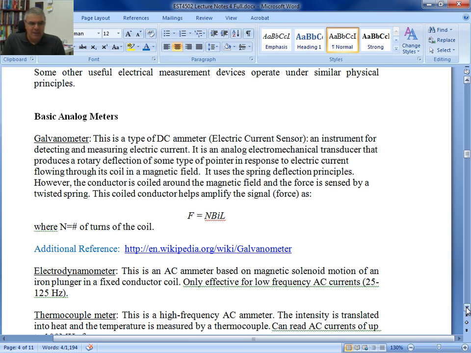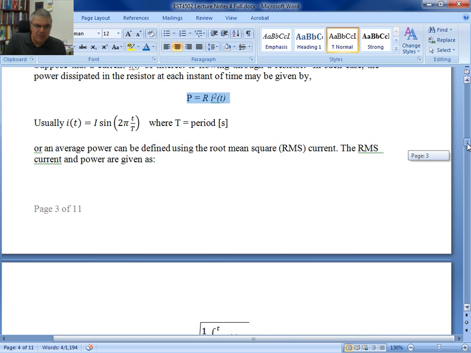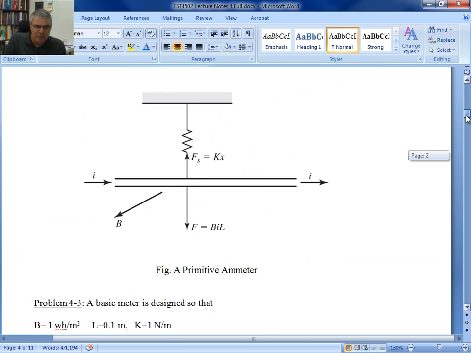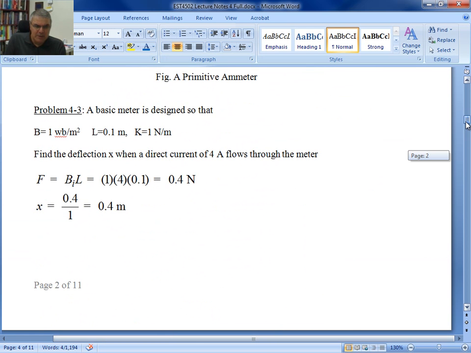B, I, and L were defined in previous lectures, but there's no magic about them. And the formula for F, again, is B times I times L. This is not a subscript, but it is actually the equation itself.